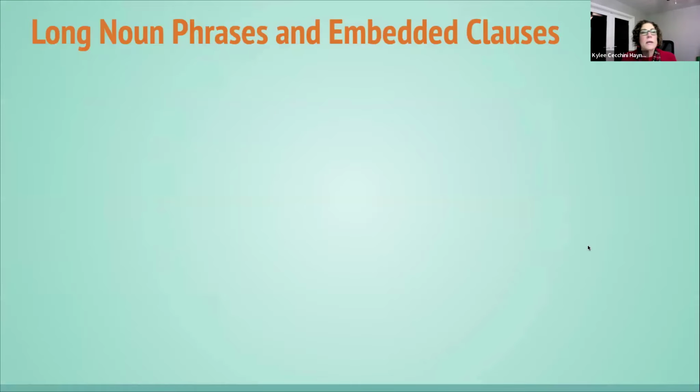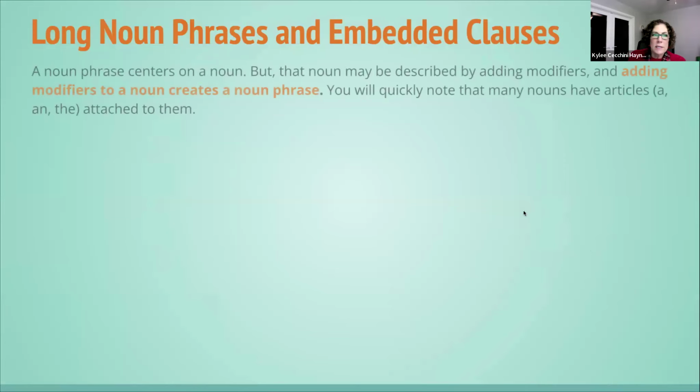So I want to give you a quick example of long noun phrases and embedded clauses, okay? So nouns, we all know a noun, person, place, or thing, but a noun that has modifiers, like adjectives and articles such as a, an, the, attached to them, they become noun phrases.